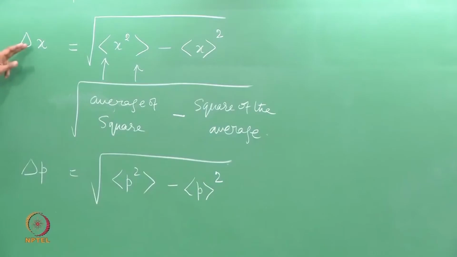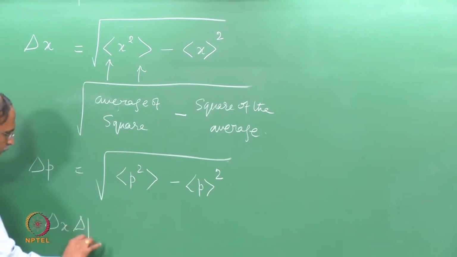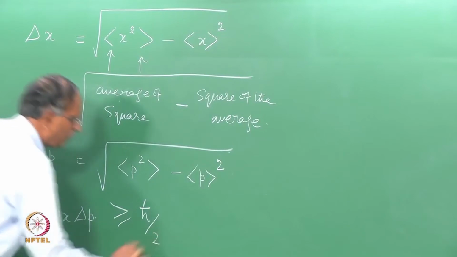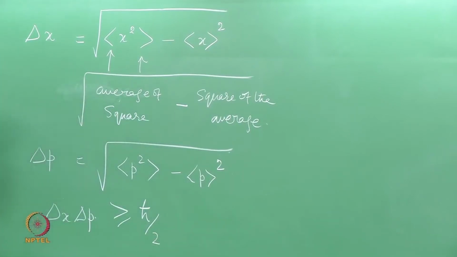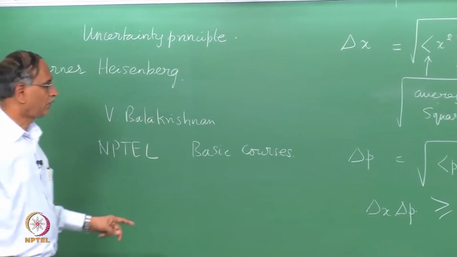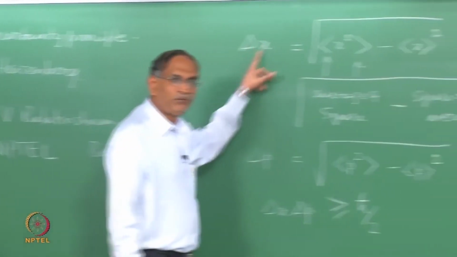Delta x, delta p, the product of the two is greater than or equal to h bar by 2. Okay. This is the Heisenberg's statement about the uncertainty between x and p.